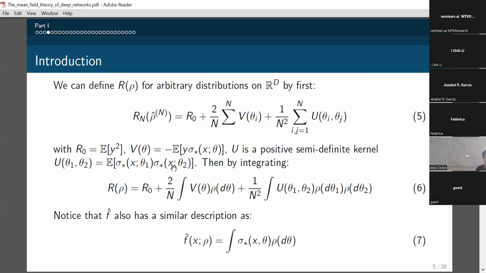I don't even understand what it would mean, because at some point you are using the fact that you are replacing empirical distributions, right? So 1 over n times the sum of delta functions, right?